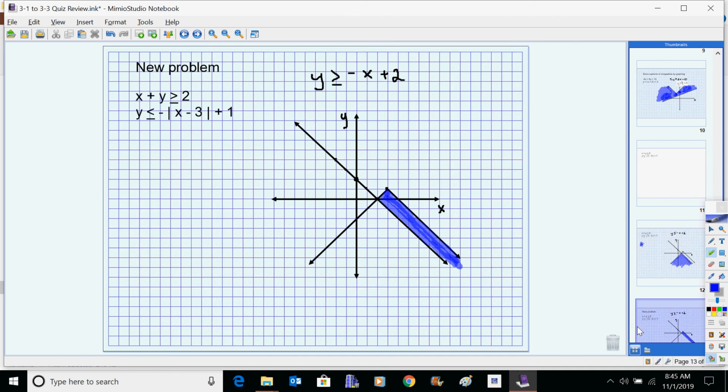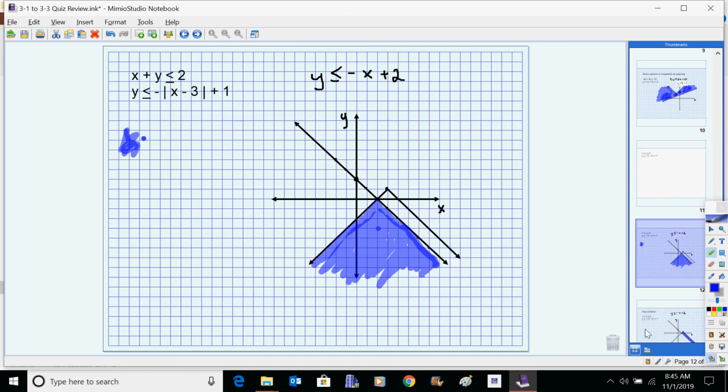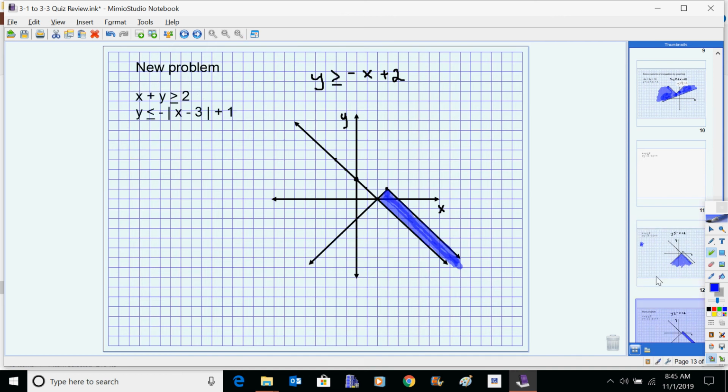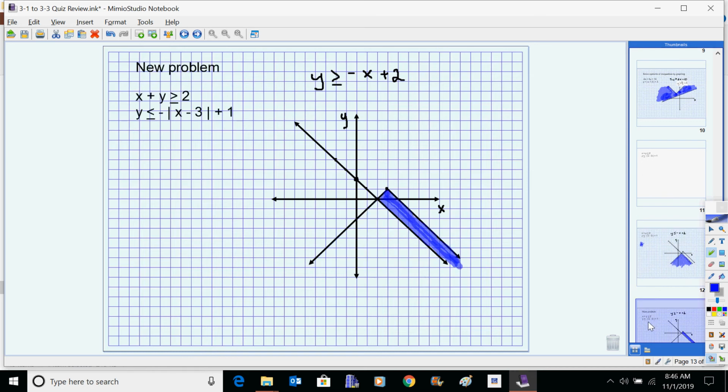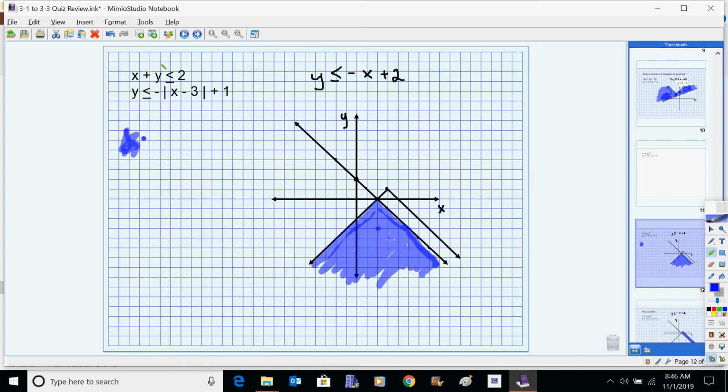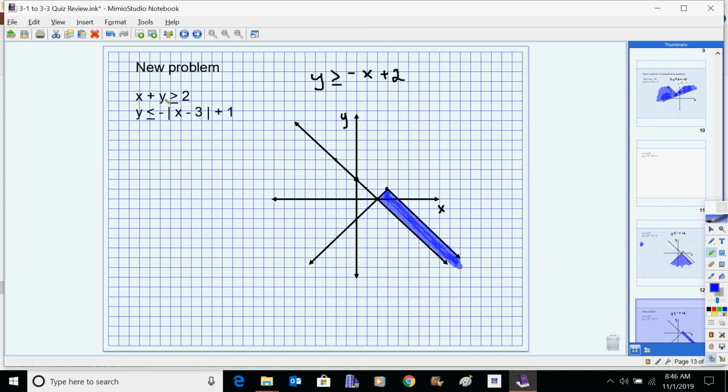And then the other one is a new problem because it's almost the same. What's the difference between that problem and that problem? The shaded part, but why the shaded part? What's the difference from the original problem? Good. Greater than or equal to, rather than less than.